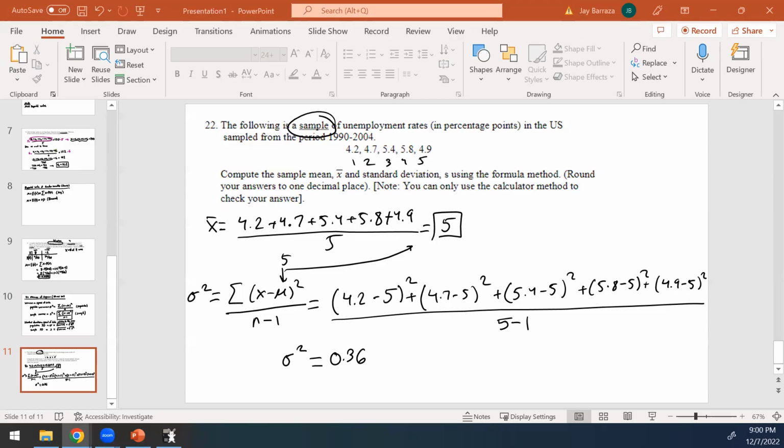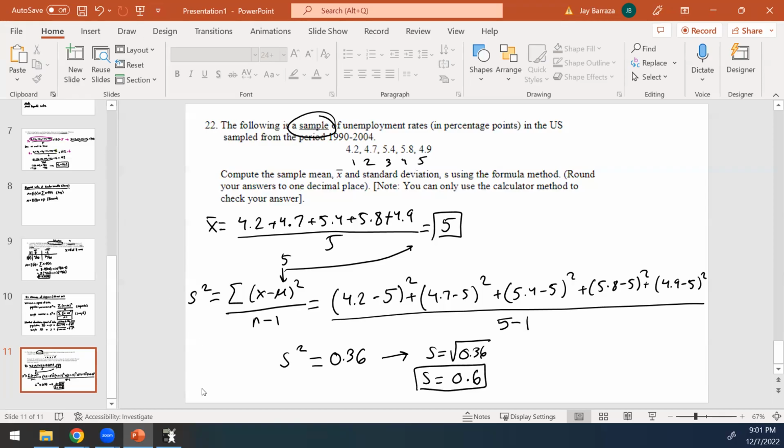And then, sorry, I've been using the wrong symbol. Let me fix that. S. So then S is equal to the square root of 0.36, which is equal to 0.6. And so that's the answer. Okay. Any questions on that?